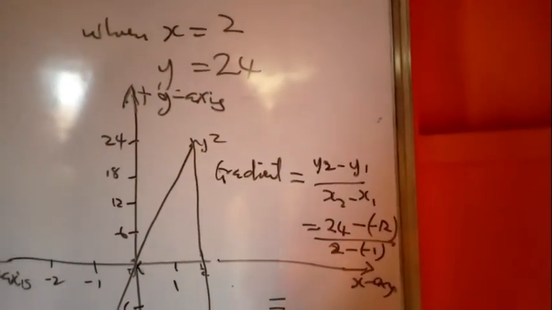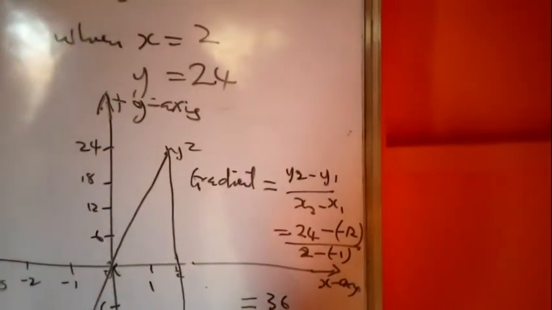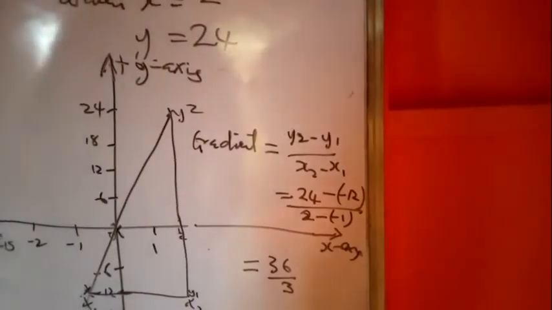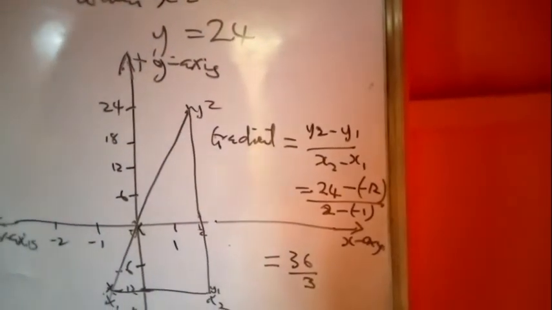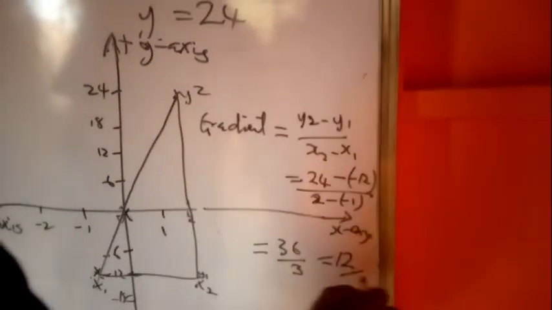So what you have gives us 36 over 3. So we'll have 12.